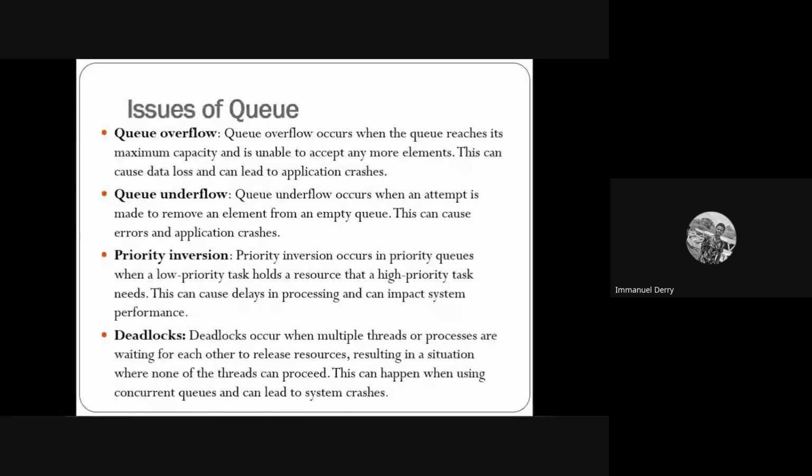So assuming you give an instruction that has a very low priority, and it is using a resource that a higher priority instruction needs. That is an example called priority inversion. This can cause delays in processing and can impact system performance, because the one with the highest priority will have to wait for the low priority task to finish before it gets access to the resource.